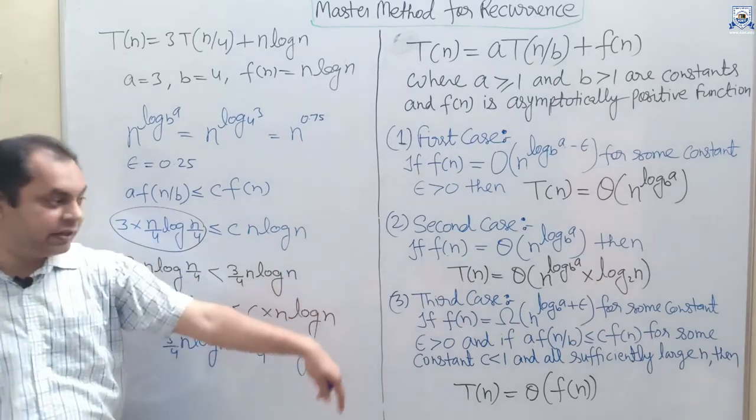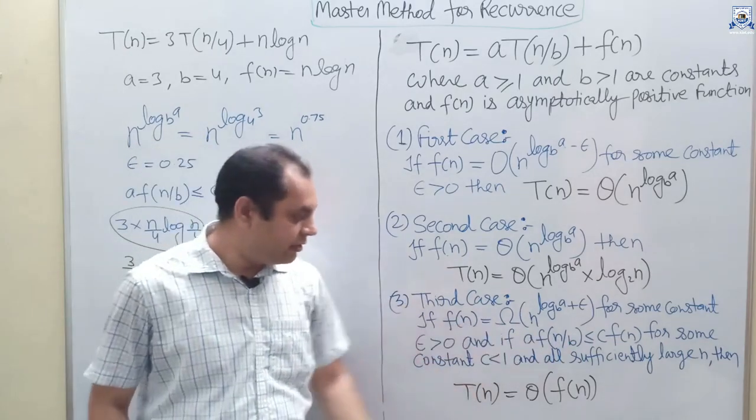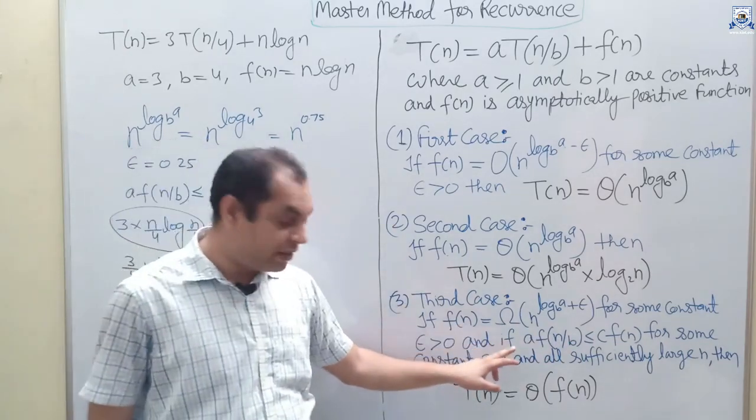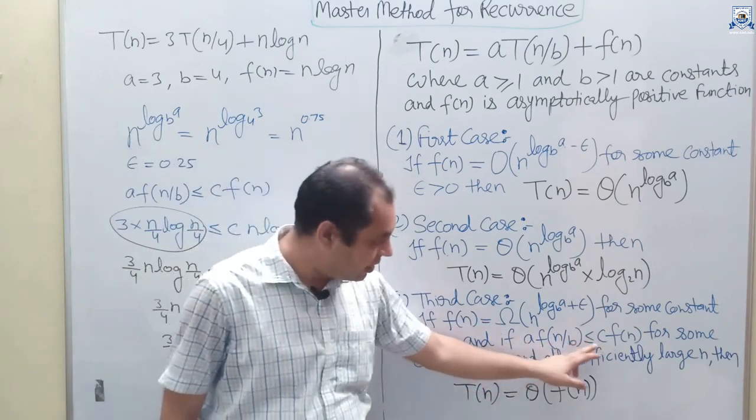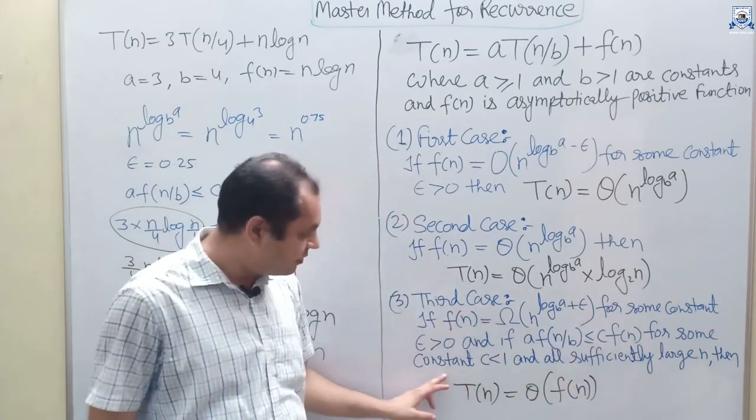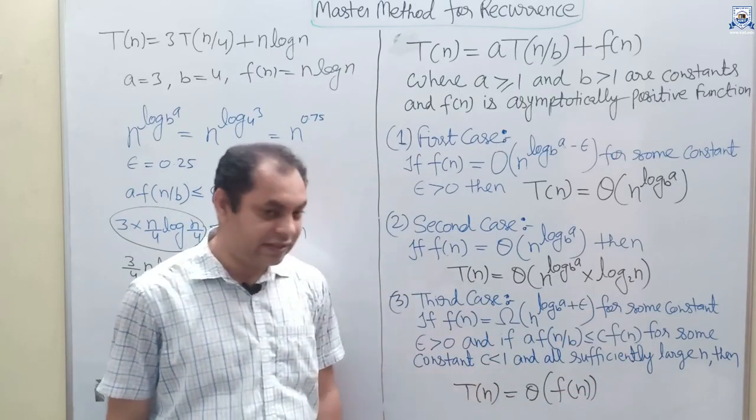Now again look at the third case. As per the regularity condition, it says a f(n/b) is less than or equal to c f(n) for some constant c less than 1.